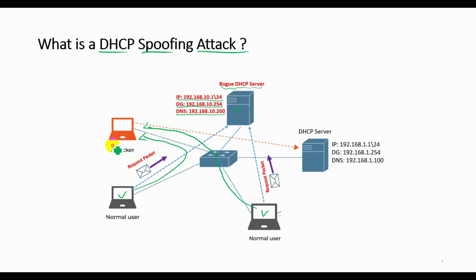The attacker can now capture sensitive user data and launch a man-in-the-middle attack. This is called a DHCP spoofing attack. The attacker can also set up a rogue DNS server and deviate the end user traffic to a fake website and launch phishing attacks.